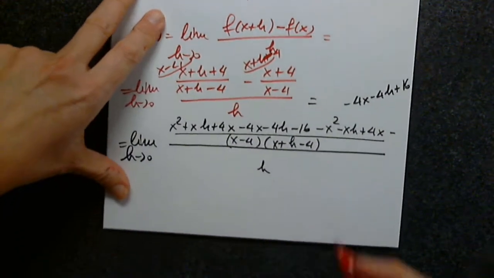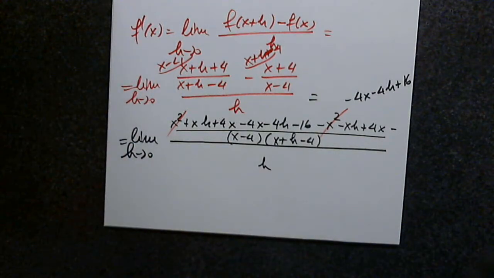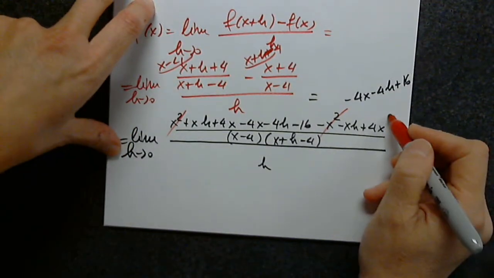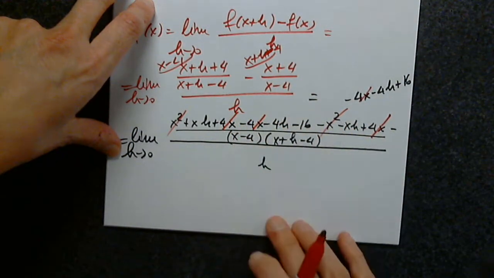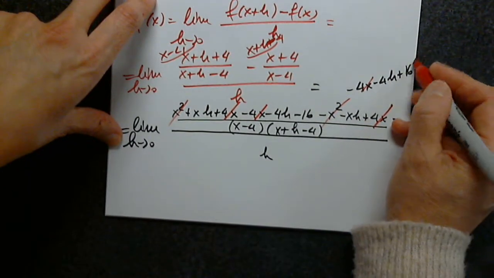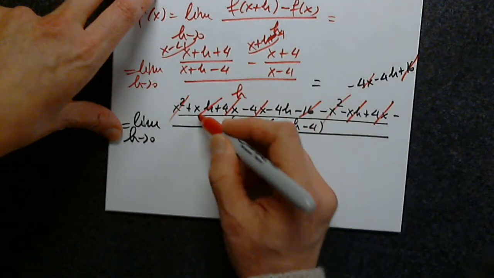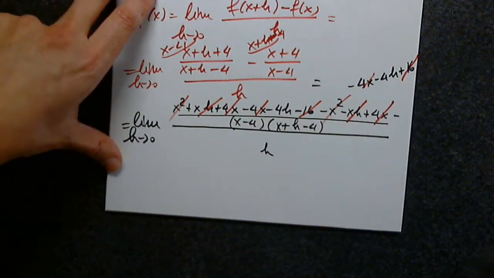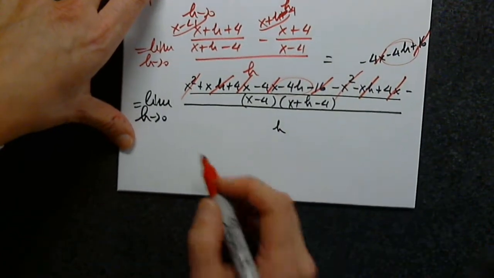So these two out, and potentially other terms too, but definitely the terms without h must go away. So 4x with negative 4x, negative 4x with positive 4x, positive 16 with negative 16, and negative xh with positive xh. So as you see, I only have this and this left.